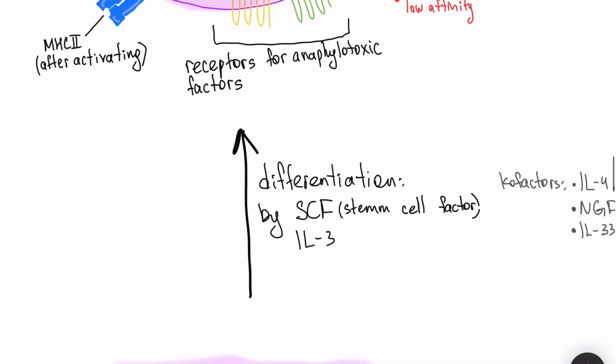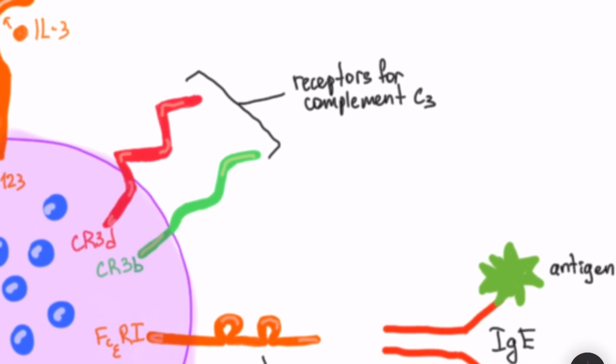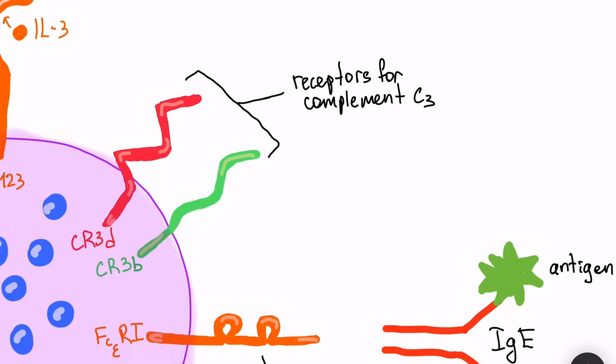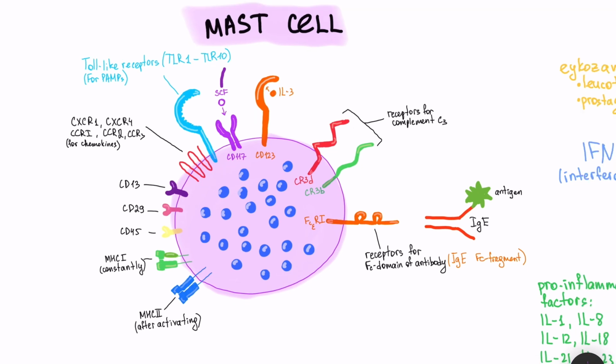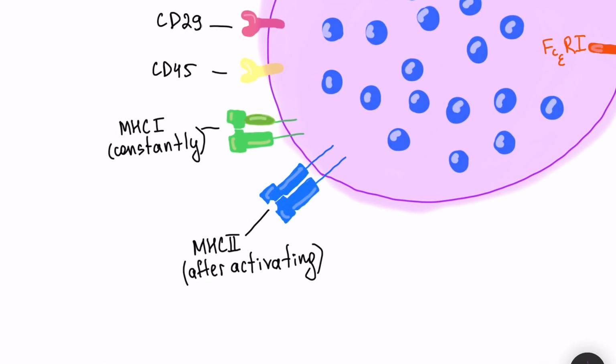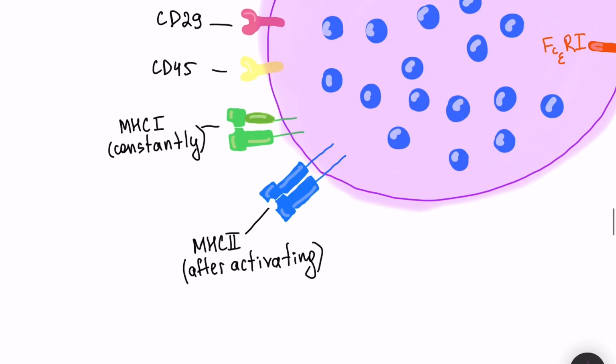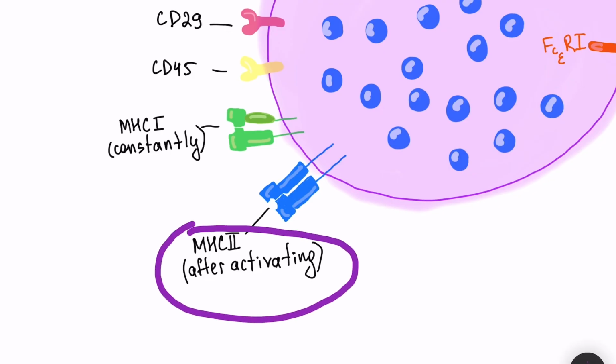Also, they express receptors for complement components like C3b, C5b. Thanks to them, opsonization is carried out. Also, they express MHC second. They are APC cells. They can present antigen to other cells.